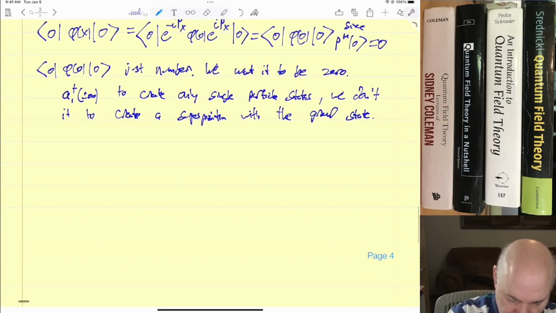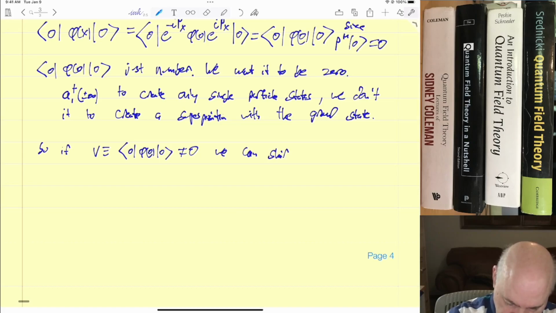Now, let's define v, the vacuum expectation value of the single field. If <0|phi(0)|0> is not equal to 0, then we can shift phi. That's just like renaming it.